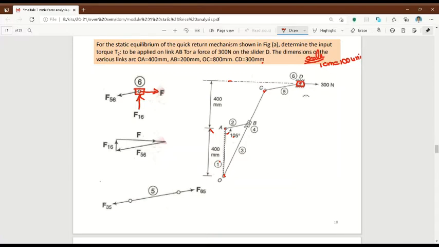If you take link 5, in the question they didn't give any extra load on link 5. So I am drawing it here. Just draw link 5 parallel to CD.